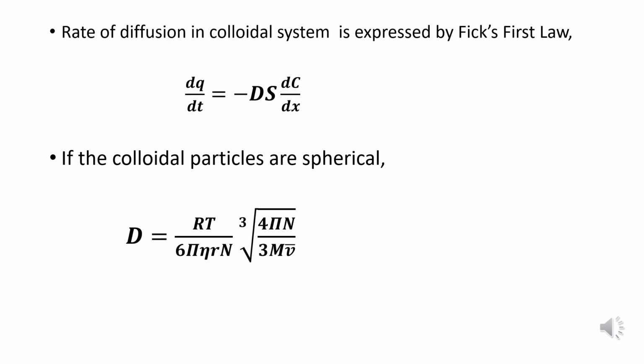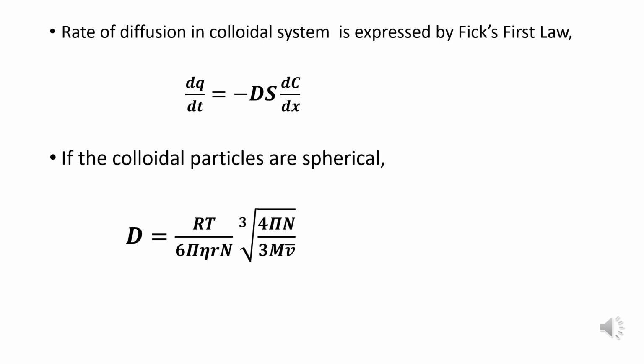The rate of diffusion in a colloidal system is expressed by Fick's first law, that is dQ/dt = -D S dC/dx. Here dQ/dt is the rate of diffusion, the amount of solute diffusing per unit time. Capital D is the diffusion coefficient, which depends on particle size, medium viscosity, temperature, etc. S is the surface area available for diffusion. dC/dx is the concentration gradient, the change in concentration with distance.